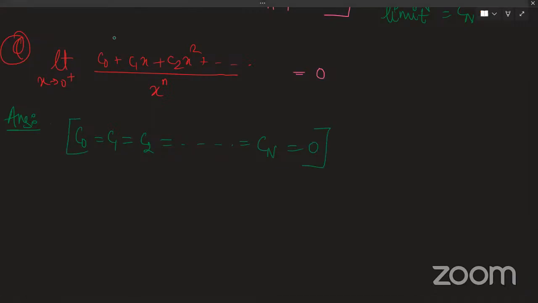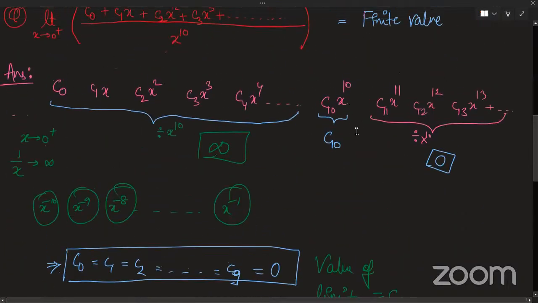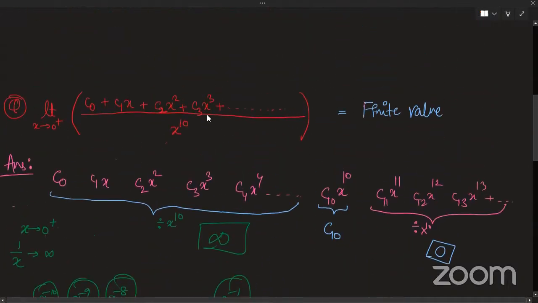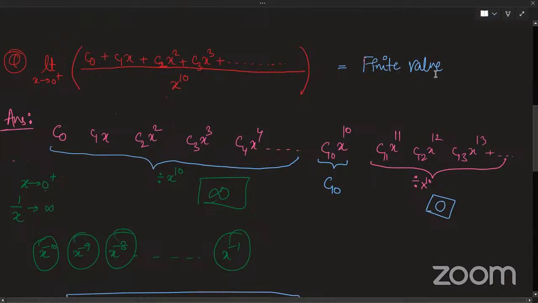Everyone got it? Vignesh, got it? Shravani, see what is happening over here is, if I divide all of these by x raised to 10, starting from C0 till C9, all should be 0. Only then I can get a finite value.